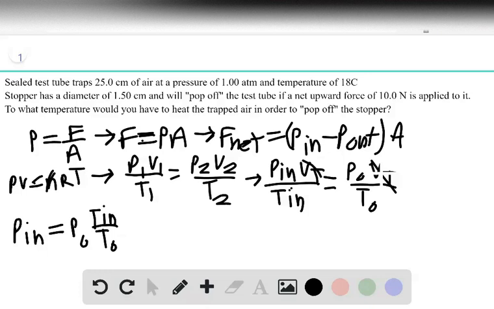All right, so from here, we can plug this relationship back into our F net equation up here, okay? So we're going to plug this into what I just underlined.